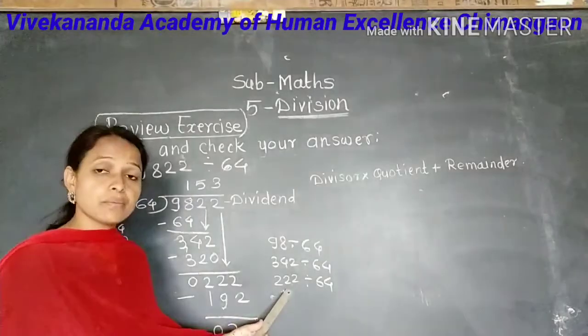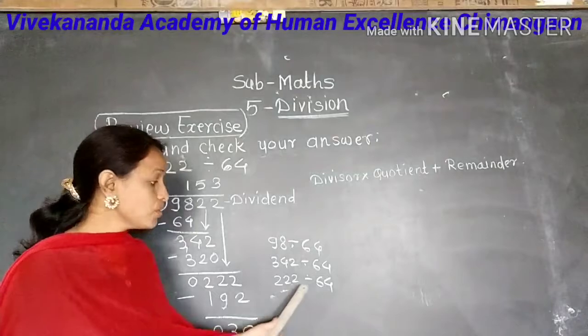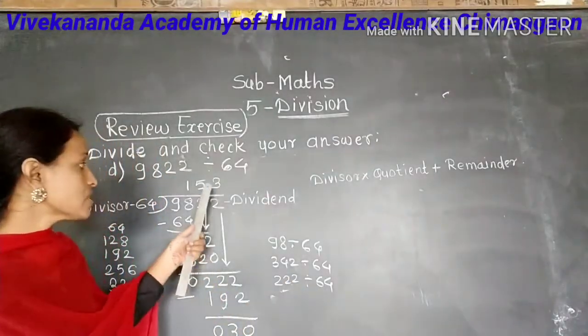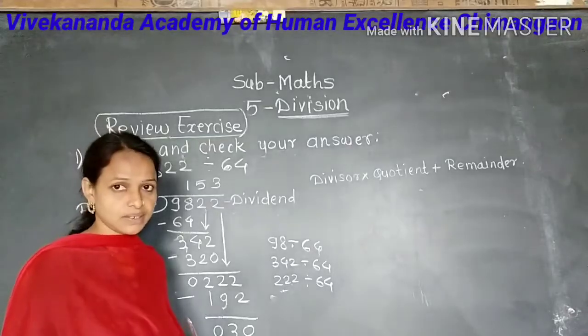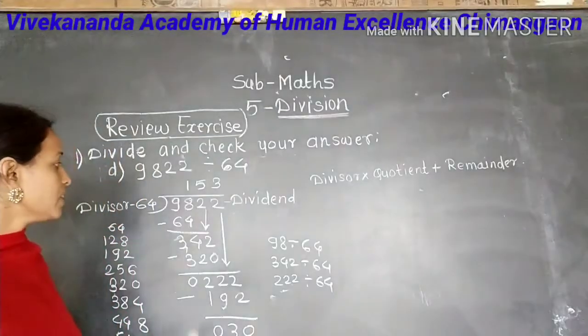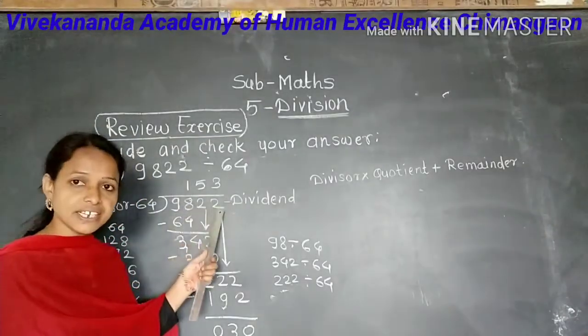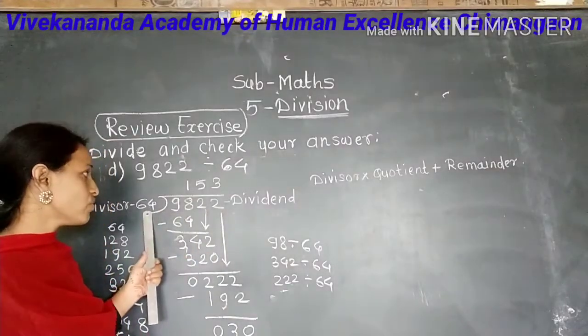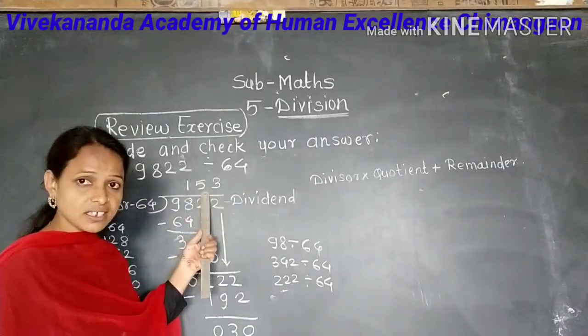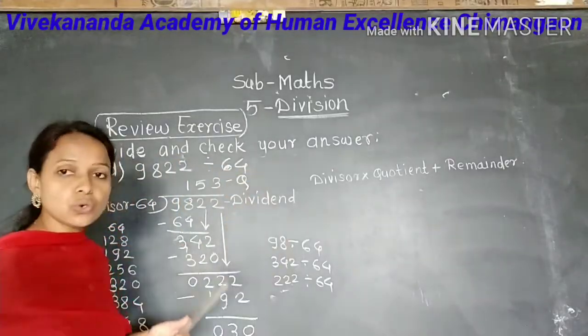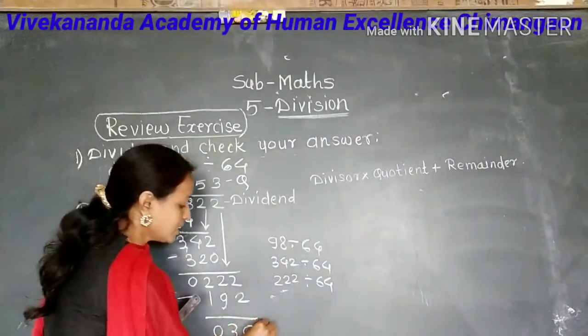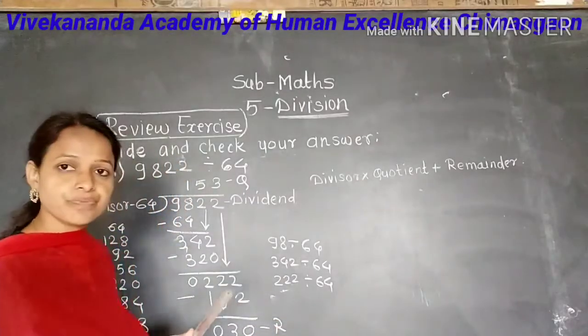So by dividing 222 by 64, it gives us quotient 3 and remainder 30. In this way, here we divide 9822 by 64. It gives us answer 153. So 153 is quotient and 30 is remainder.